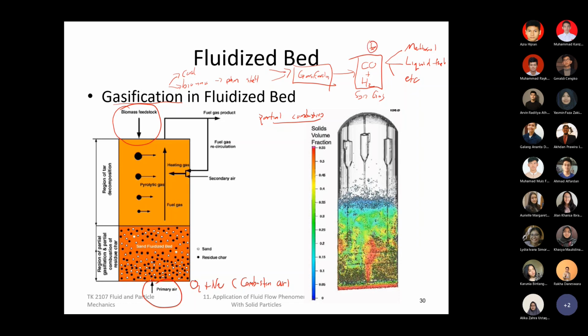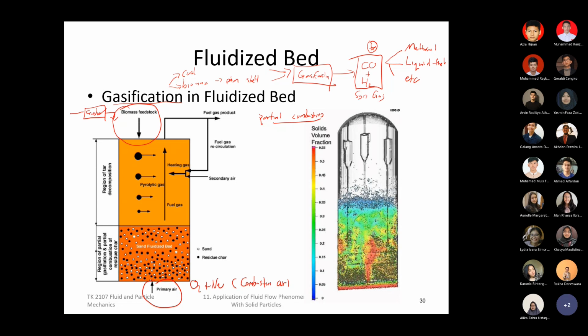So in this kind of application, of course the diameter of the biomass particle has to be decreased before it reaches the gasifier. So before it's sent to the gasifier, maybe it has some kind of crusher, for example, to decrease the particle size, so that it will be easy to fluidize and easy to combust.